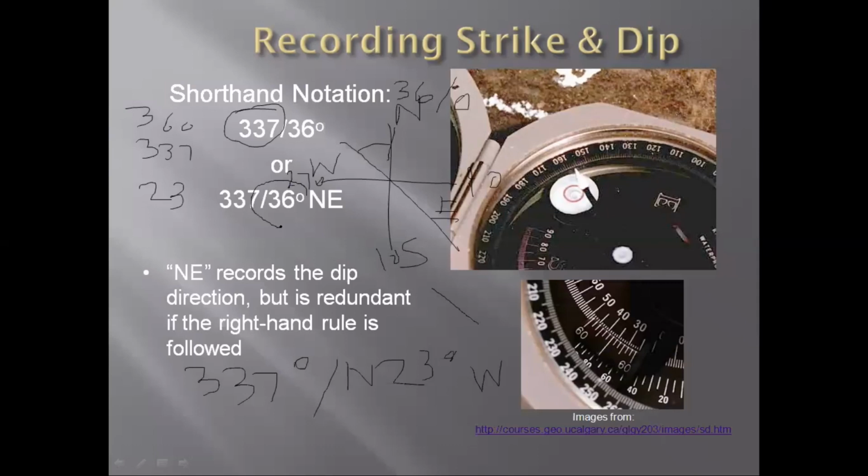It is 36 degree, and in which direction? Northeast. So where will the northeast be here? It will be on this side. Just put a small dash on this side and just write 36 degree. So this is how we indicate the strike and dip on the map.